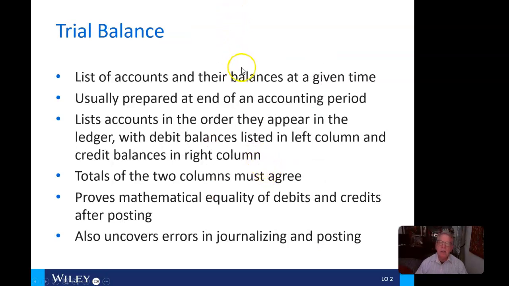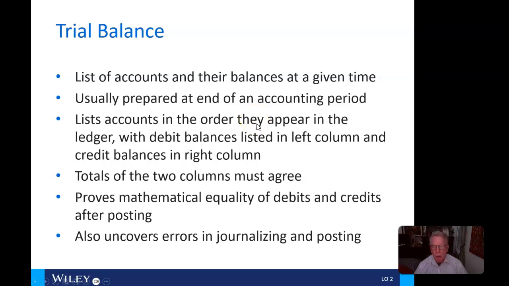So it's a list of accounts and balances at a given time. It's usually prepared at the end of the accounting period, and it lists all the accounts in the order that they appear on the ledger, with debit balances on the left, credit balances on the right.